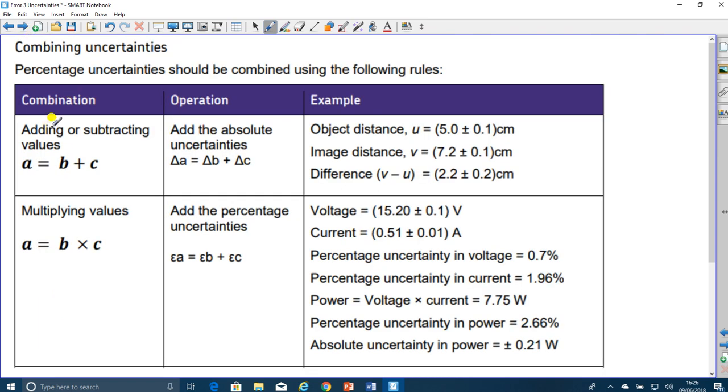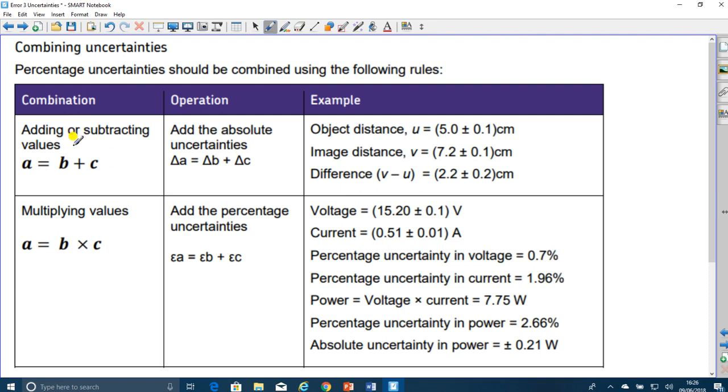Now, it's essential that you can confidently combine uncertainties. It's very, very easy when you're dealing with something like measurement, so you're measuring the length of something and the length of something else. They're both in the same unit, it's fine. You can add the absolute uncertainties.